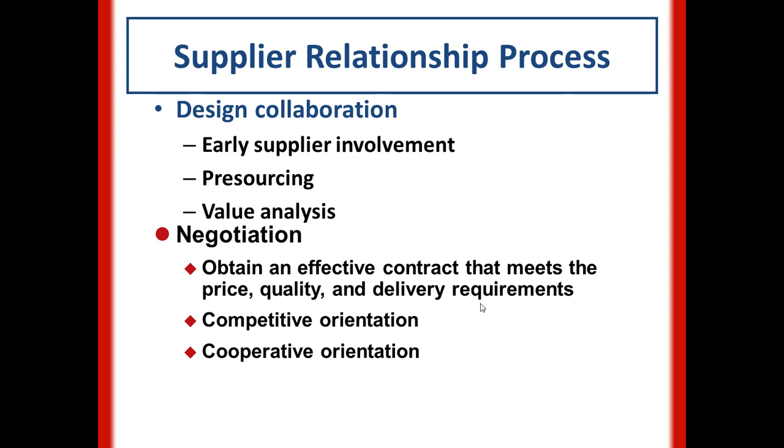The main activities may include design collaboration to make sure that there is early supplier involvement, pre-sourcing, and value analysis. This process may also include activities such as negotiation with suppliers in terms of pricing, and also appraisal, supplier evaluation.